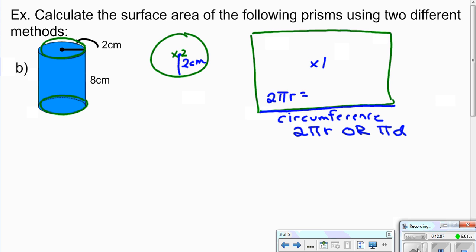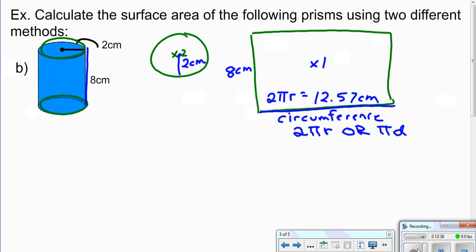And since pi is not a rational number, it is a non-repeating, non-terminating decimal, we end up getting our answer for the length of the rectangle to be an irrational number as well. So we're going to round it to 2 decimal places, and so we get 12.57 centimeters. And the other length is actually the height of the cylinder. So 8 centimeters is the height of this rectangle.